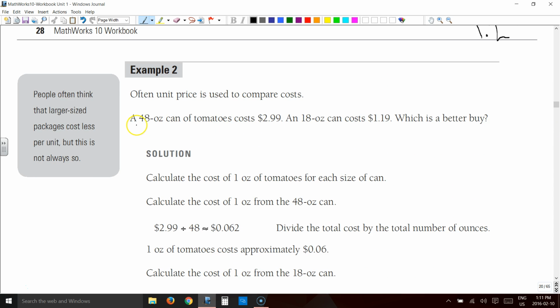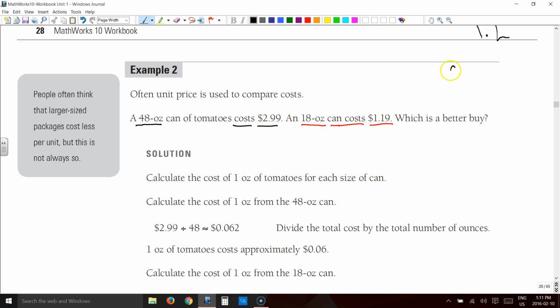Here we go. I'm going to take a look at what we have for information. I've got a 48-ounce can that costs $2.99, and an 18-ounce can that costs $1.19. So we want to know what the cost per ounce is. Remember I said yesterday that before you tackle one of these questions, you want to understand what the output's going to be.